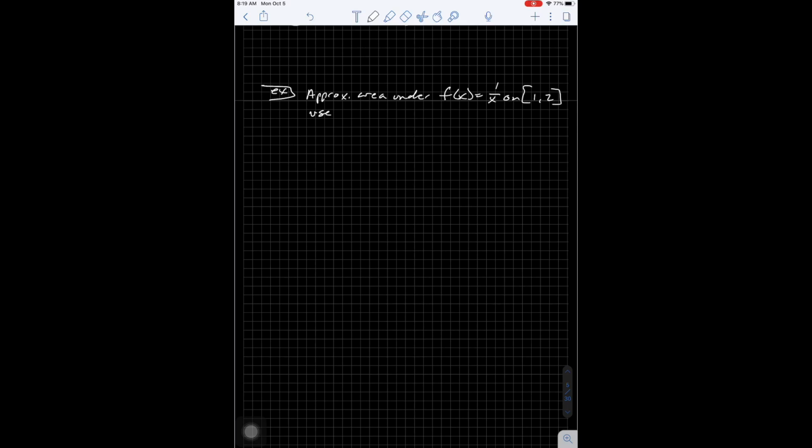And we're going to use n equals 4. That's a way of saying use 4 rectangles. Okay, and we're going to use right and left endpoints. So this is two problems. First do it using right endpoints, then do it using left endpoints.